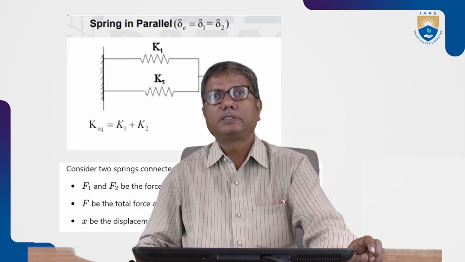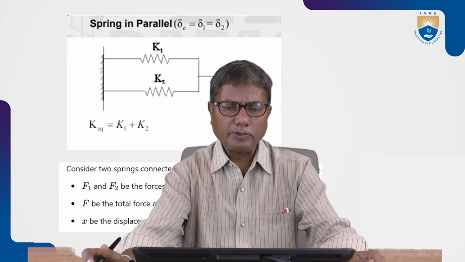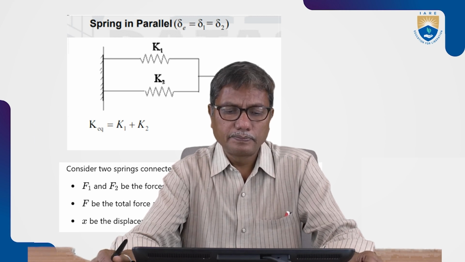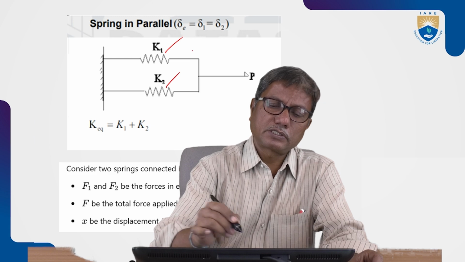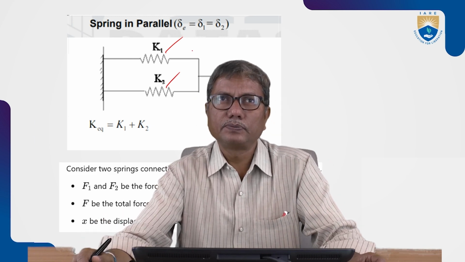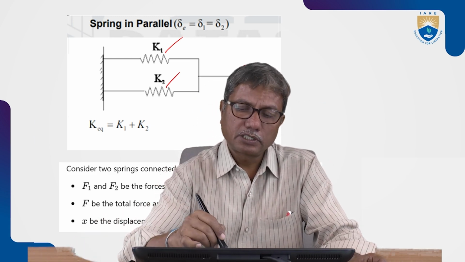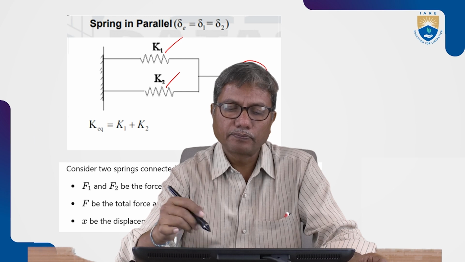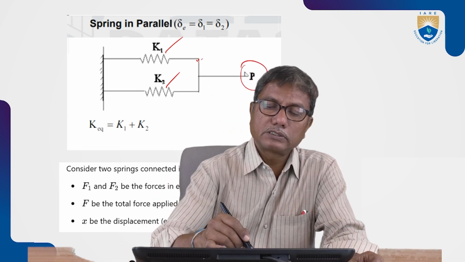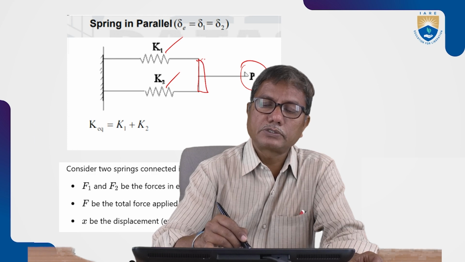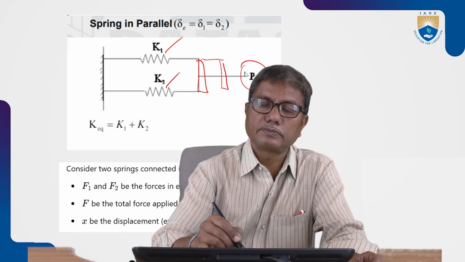Now let us see springs connected in parallel. Again, you consider the stiffnesses as K1 and K2 and subjected to a force P or F. And what is this? In this case, both springs undergo the same extension.